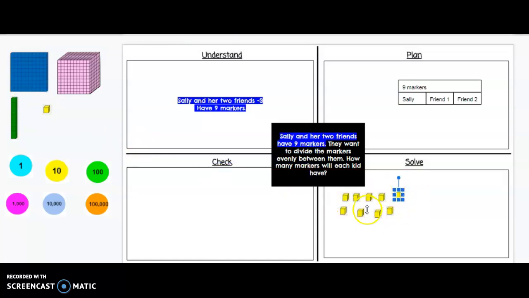So now that we have our 9 that represents our 9 markers, we have to divvy them up by person, right?